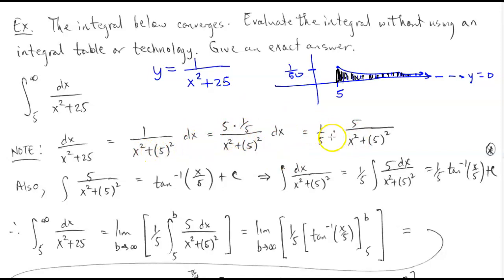If we do some algebraic manipulation, we could look at this integrand as 1/5 times 5 over x squared plus 25. And when we take the antiderivative of that 5 over x squared plus 25, it will be arctan, or tangent inverse, of 1/5 x plus c.